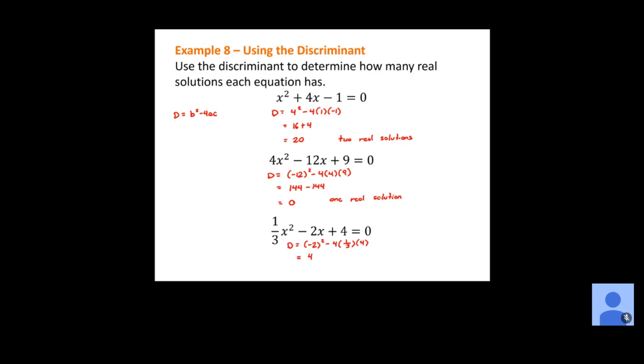Negative 4 times 1/3 times 4. 4 times 4 is 16. 16 times 1/3 is minus 16 thirds. Now, to be able to subtract that, you would need a common denominator. The common denominator will be 3. So this actually becomes 12 over 3 minus 16 over 3, which is negative 4 over 3.